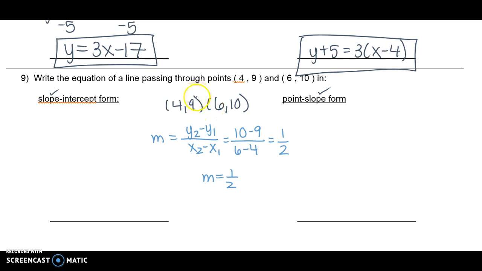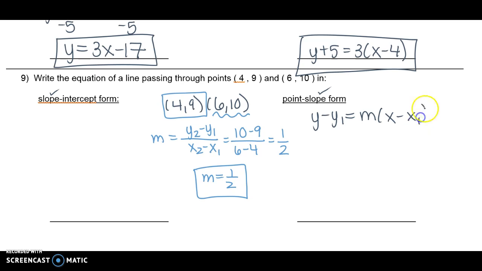And then my point, I have the choice. I can use this point, or I can use this point. I'm going to use the point that's boxed, just simply because I boxed it first. So, because I have a slope and because I have a point, I always think using that point slope form is going to be the most straightforward way.